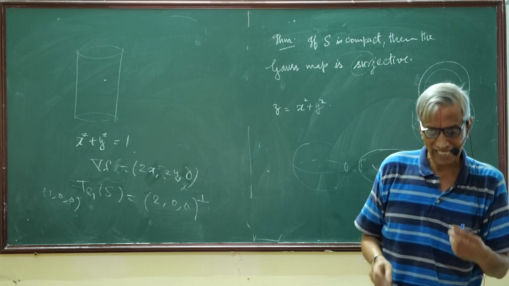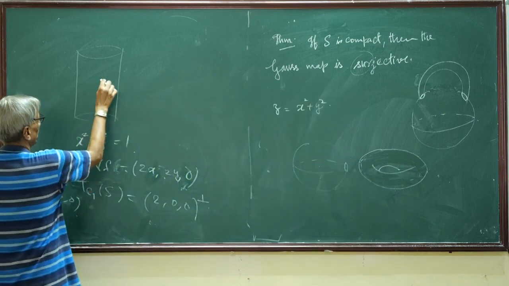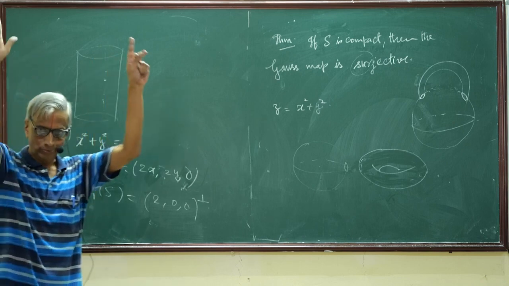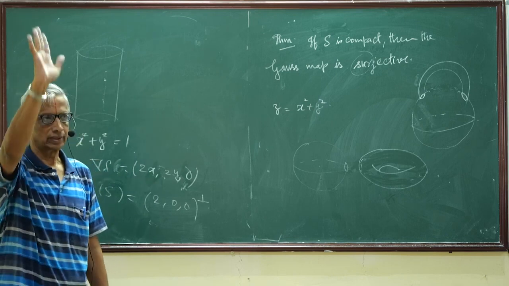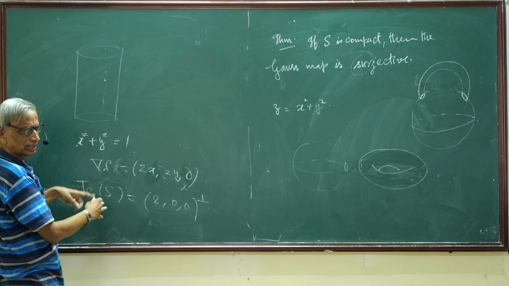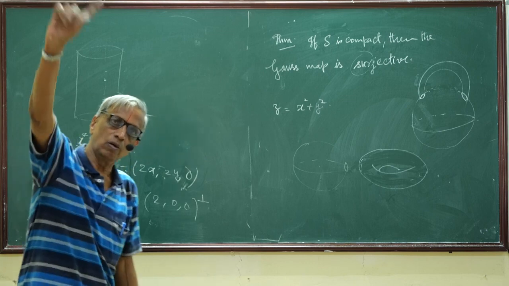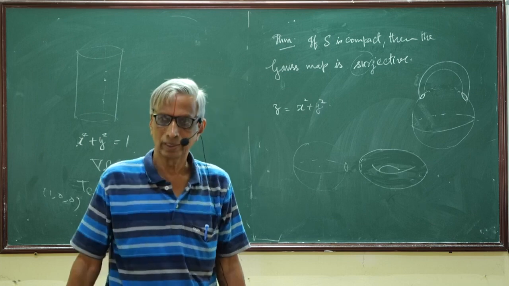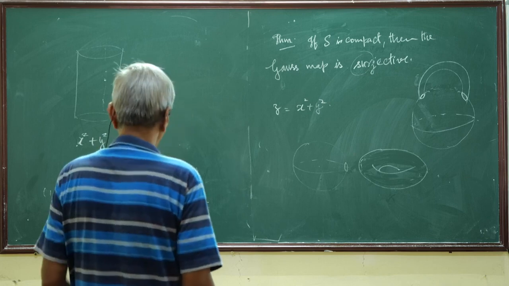So in other words, the tangent plane geometrically, whether you take a point here or a point here, all those points, the plane is the same, right? Irrespective of the z coordinate. The tangent plane here is a plane like that. The tangent plane here is also the same plane. So all points along the generating line, you have the same tangent plane. Okay? So this is something I wanted to mention.